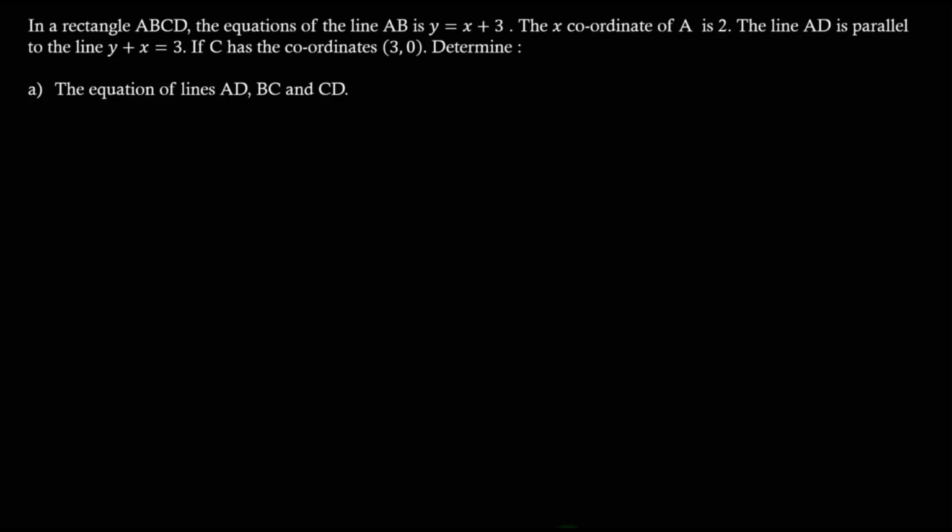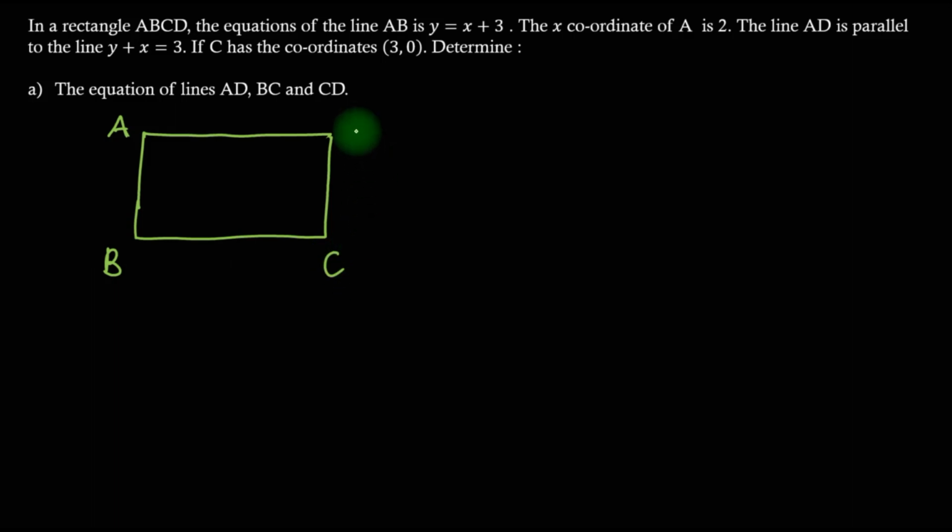So as we begin, we have been given the rectangle ABCD. Allow me to sketch this rectangle and follow the order of labeling: A, B, C, D. You have also been given the equation of line AB, which is y equals x plus 3, and the x coordinate of A is 2.